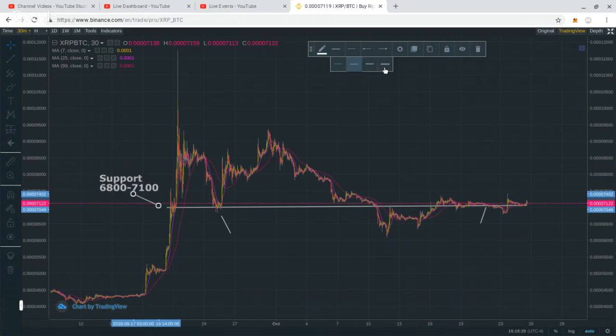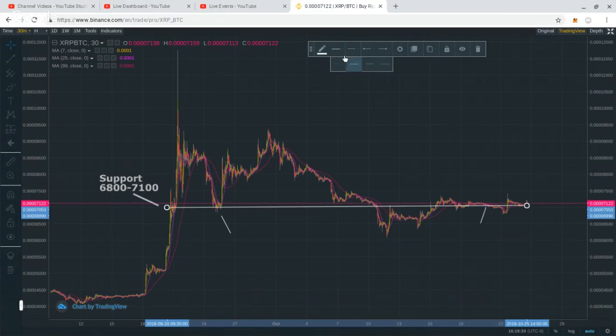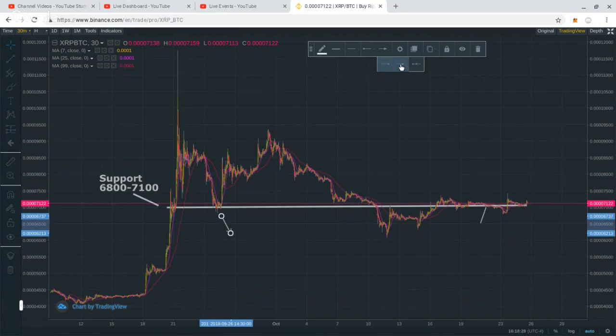I'm going to make these lines a little bit bolder so you guys can see this easier. Basically, what you're looking for is a bunch of points of contact.